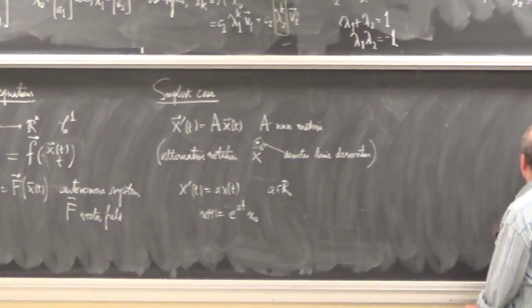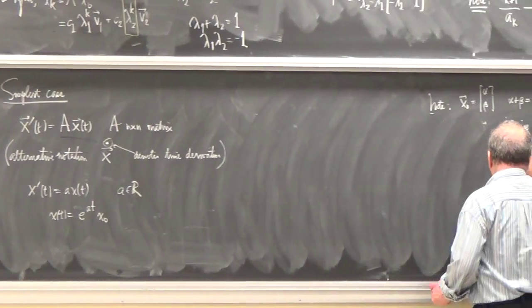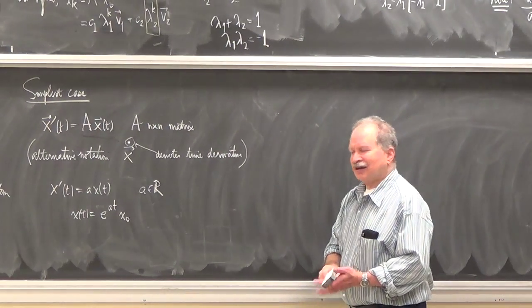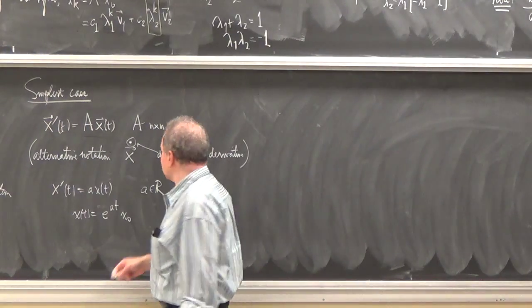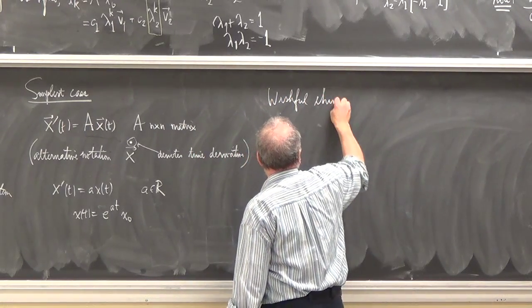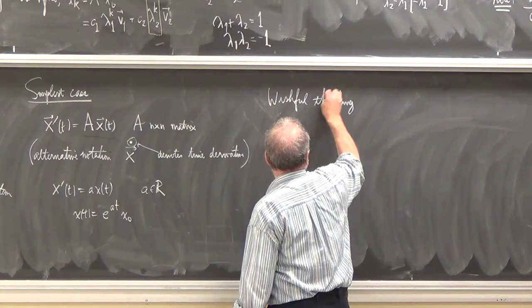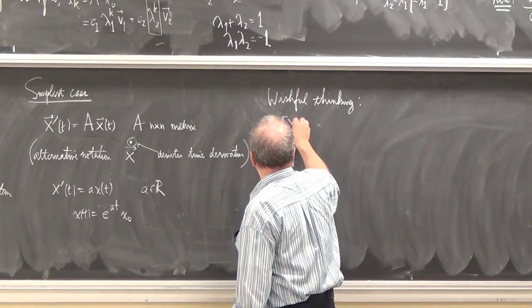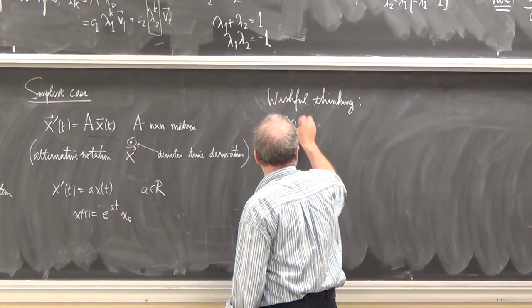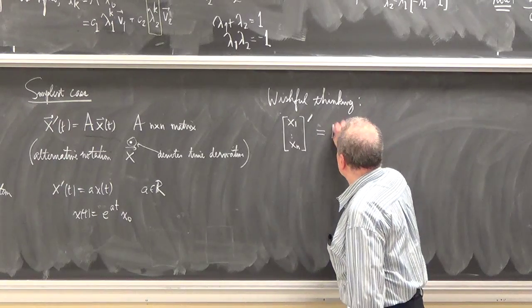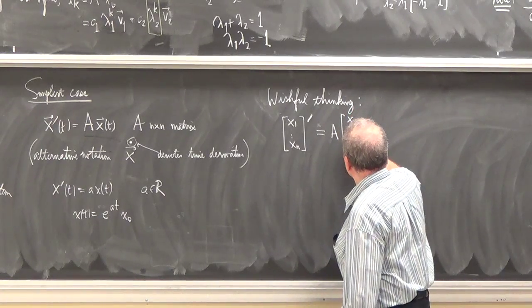Well, I'd like to do something analogous for systems of equations. Wouldn't it be nice if I had a system of equations with n variables that all depend on one another in a linear way?